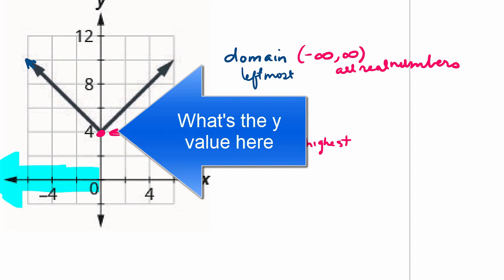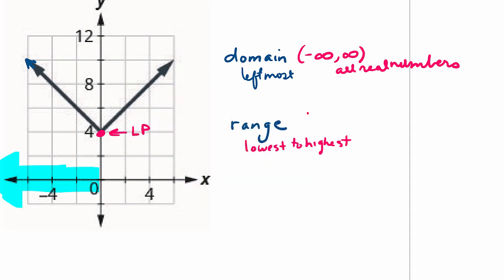What's the y value? Yeah, you're right, it's 4. So 4 goes with a bracket, and that's the lowest point. But what's the highest point that this graph gets to? You're noticing the arrows pointing up, and so this goes to infinity, and infinity always gets a parenthesis. So how close were you on your guess?